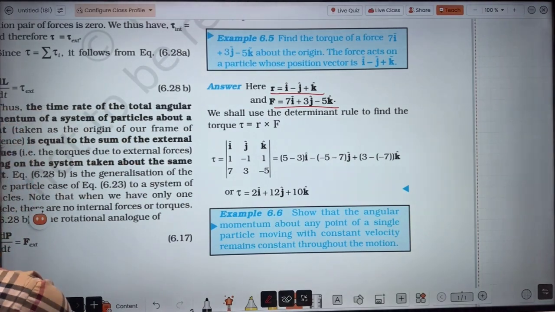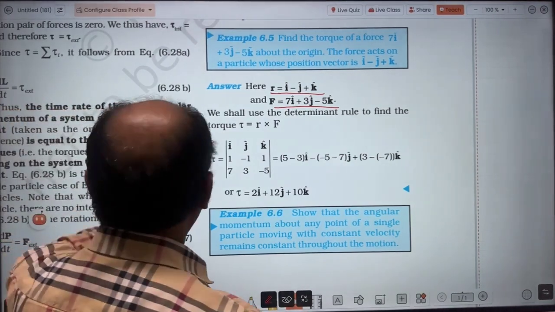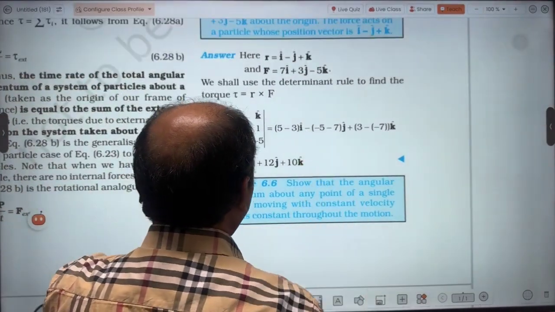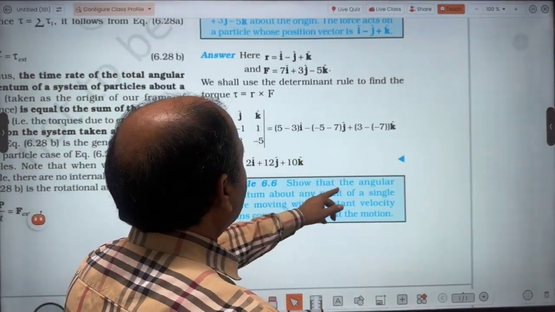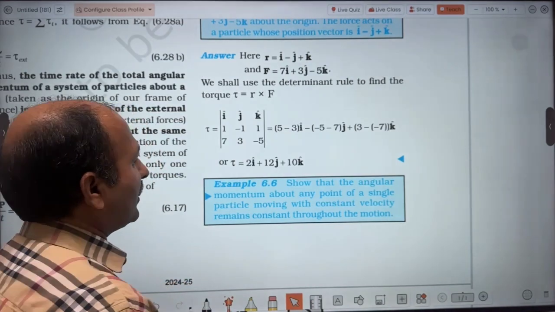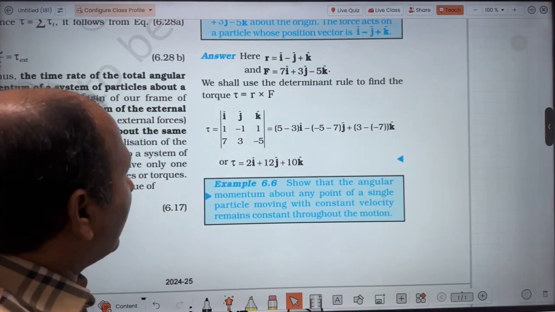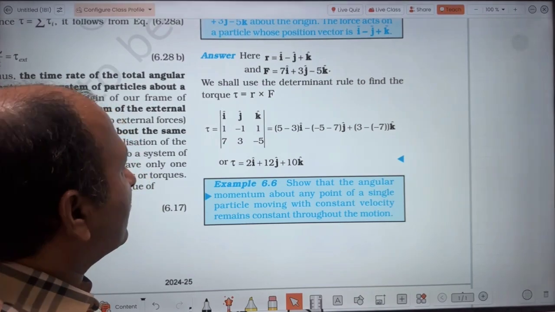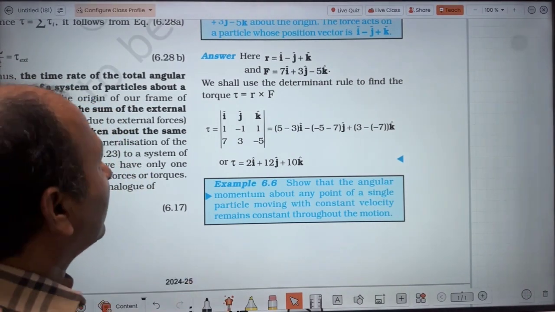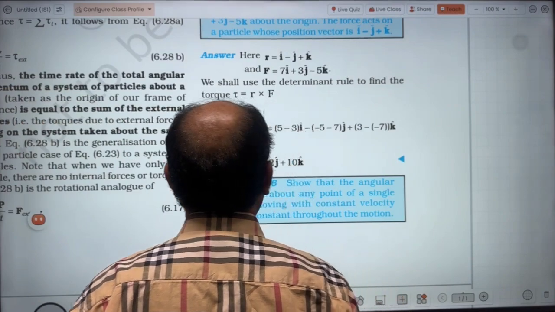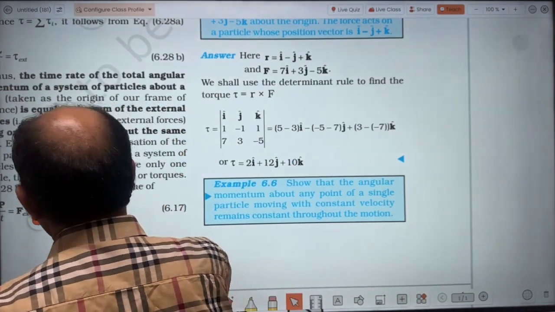Now there is another question. The next question says: show that the angular momentum about any point of a single particle moving with a constant velocity remains constant throughout the motion. So here we have to prove that angular momentum remains constant.